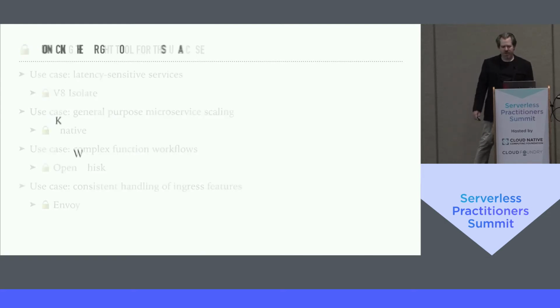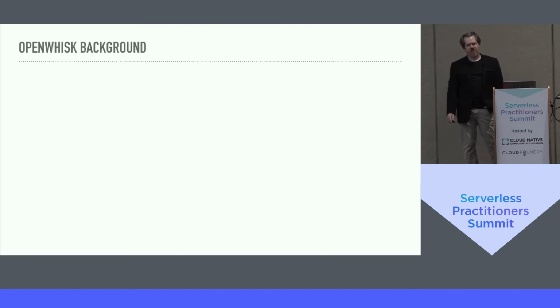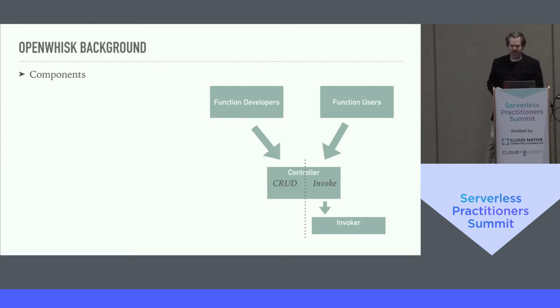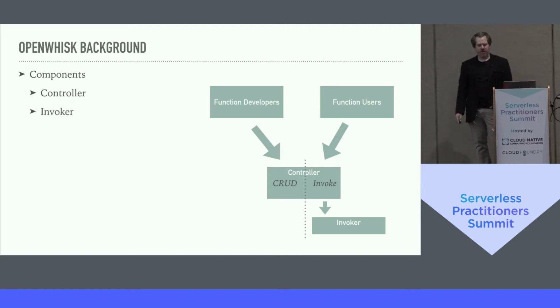Before I go into talking about how we can apply those technologies, a little bit of background about OpenWhisk architecture. I won't go too deep here, but just some basics. The basic operational components in OpenWhisk are the controller and the invoker. The controller is the kind of ingress portion of the system where both function developers and function users arrive.